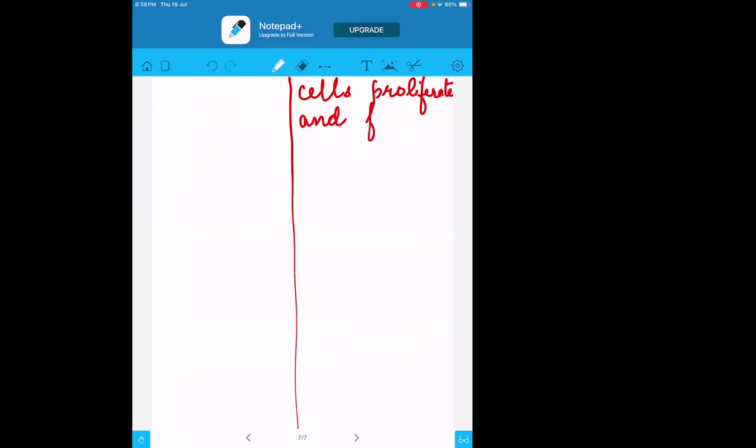Very good. Regenerative cells only. You gave some other alternative names also: specialized cell, regenerative cells, or totipotent cell. Any one name can be written, but you should know all three, because if they ask you any one particular term, you should be able to mention that.